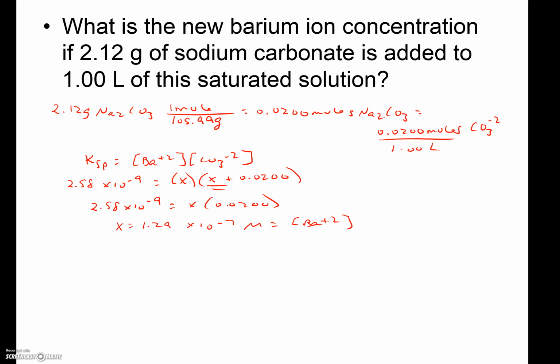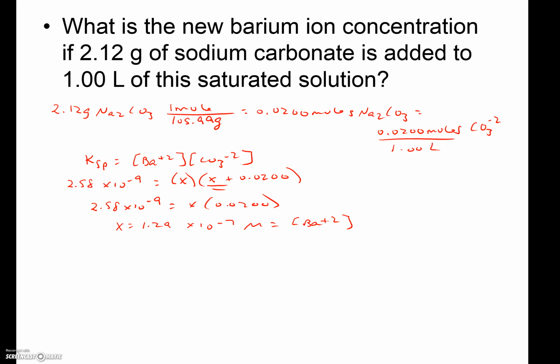So we had X moles per liter of carbonate ion from the original solution, and now we've added 0.0200 to it. But since the KSP value is so small, X, the amount of carbonate ion we're getting from the barium carbonate, is going to be a very small number. Small enough that we're going to be able to say it's insignificant.